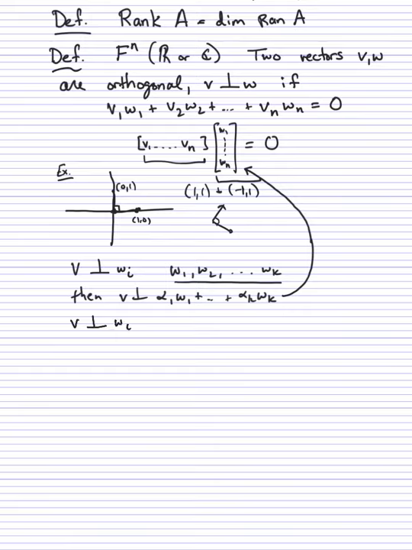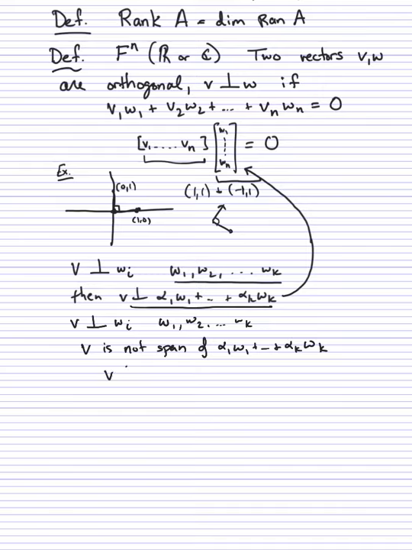Another thing that's going to be useful is that if you're perpendicular to some collection of vectors, then in particular you are not going to be in the linear combination. If you're perpendicular, you can't be equal. So V is not in the span of alpha 1 W1 up through alpha k Wk. Why is that?